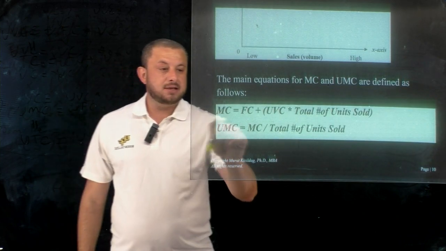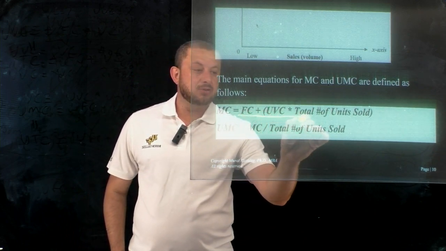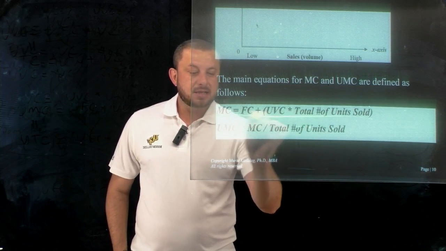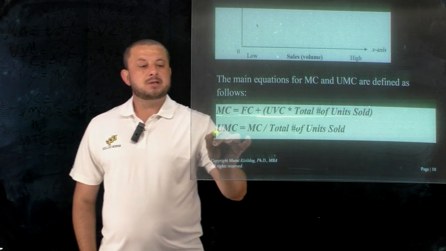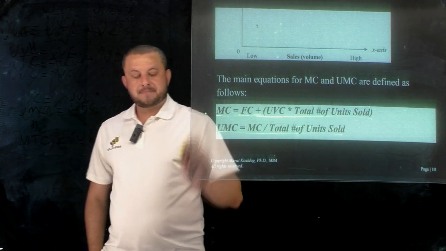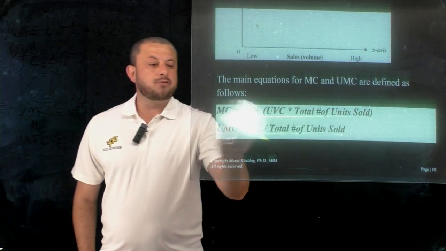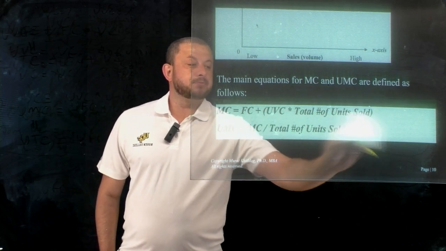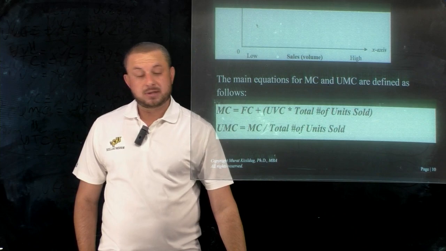Mixed cost is equal to FC plus, in parentheses, UVC multiplied by the total number of units sold. This is the equation for the mixed cost. And we have the equation for the UMC. UMC is equal to MC over total number of units sold. And we are going to use them in our in-class exercises on the lecture notes to find out specific cost components by combining FC and VC or UFC and UVC, okay?